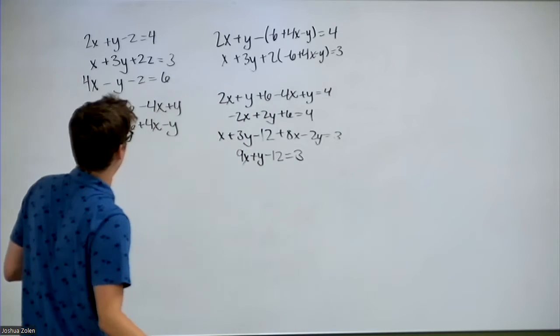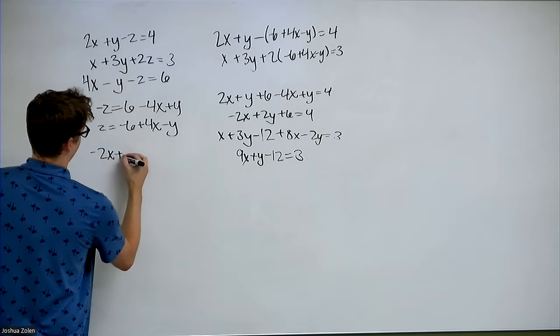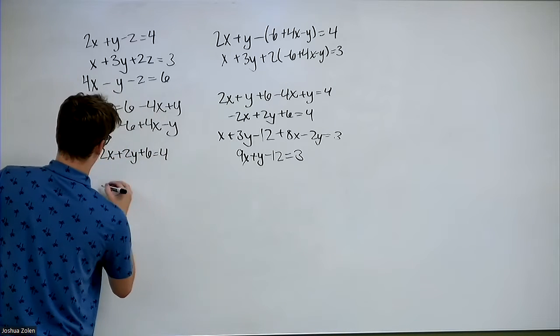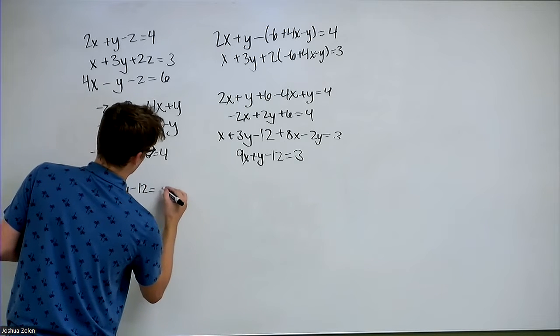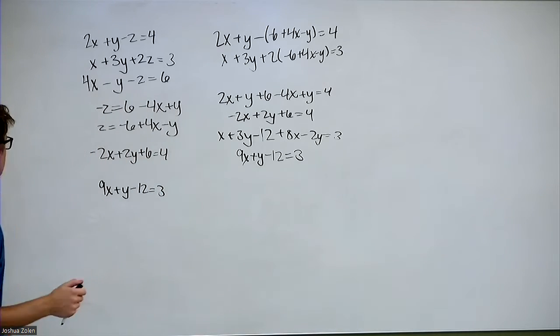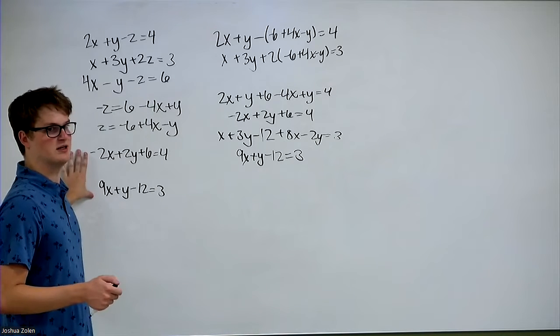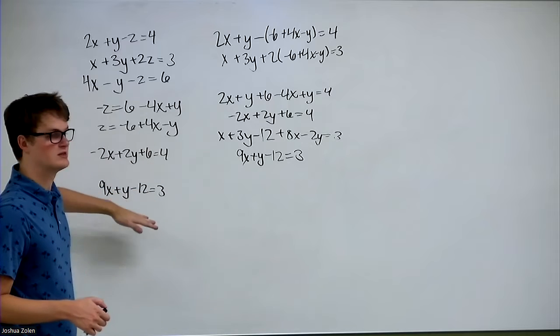Okay, so now, actually, I'm just going to rewrite these equations over here. Okay, so now, as you can see, we basically have another system of equations that only has two variables in it. We no longer have any z in these two equations.